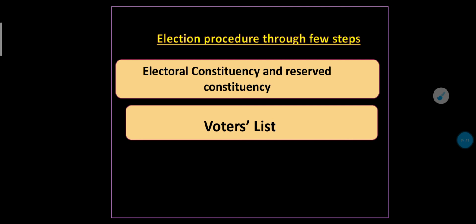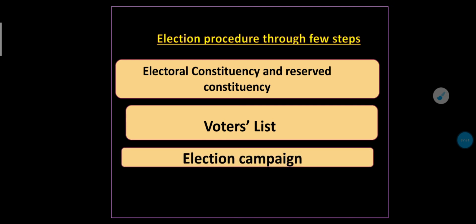Voter list: the list of all eligible voters' names before the election, prepared by the election commission. Election campaign means the promotion, rallies, marches or meetings done by political leaders to connect to the people before the election.